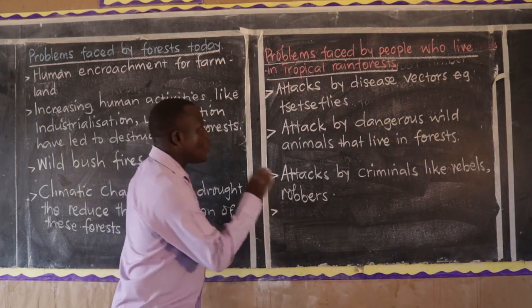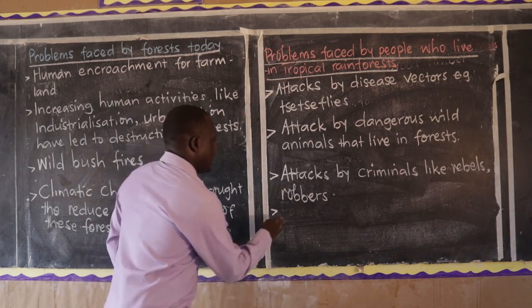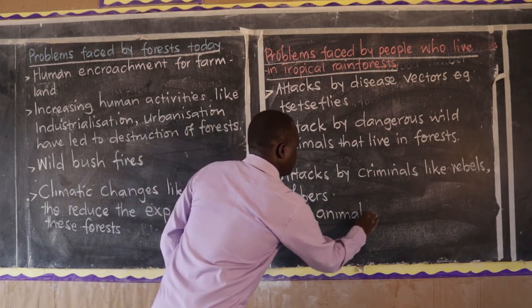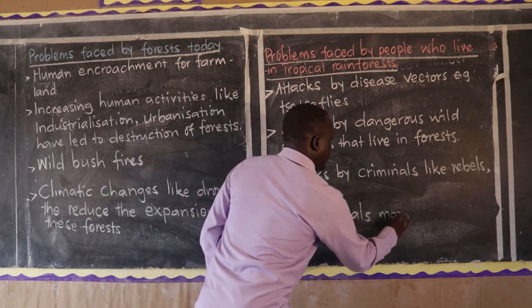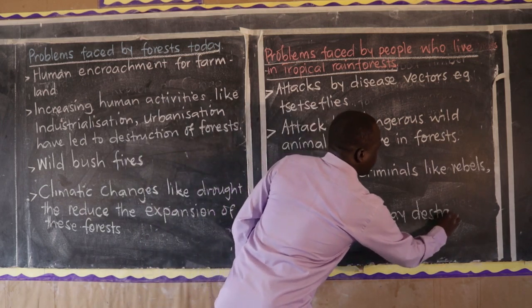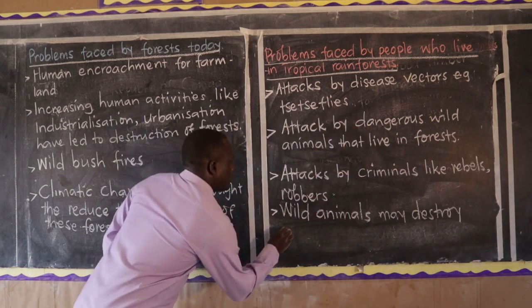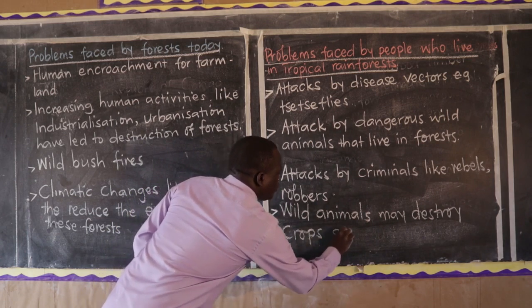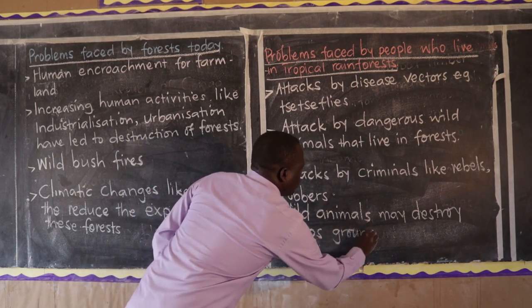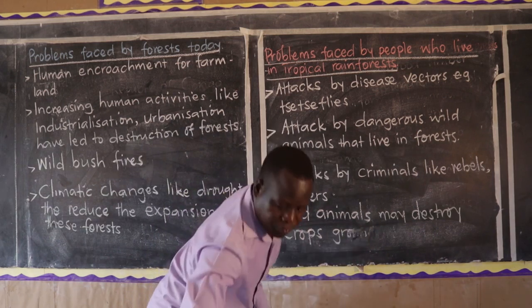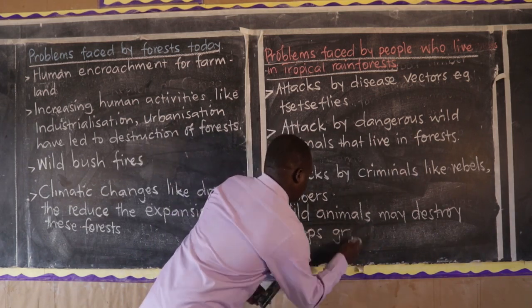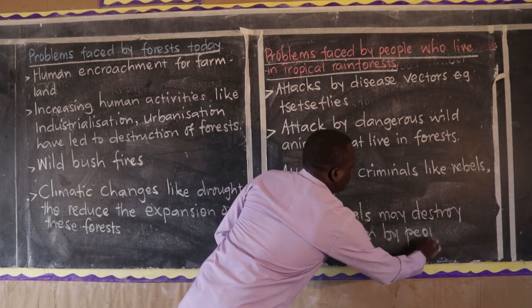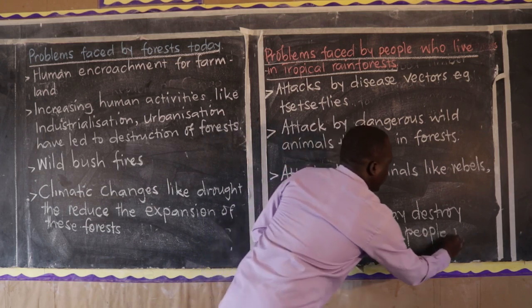Then, for the people who grow crops around, wild animals may destroy crops grown by people near the forest.